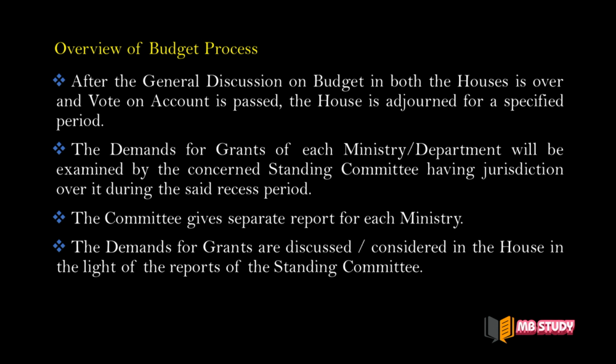After the general discussion on budget in both the houses is over, and vote on account is passed, the House is adjourned for a specified period. The demands for grants of each ministry and department will be examined by the concerned standing committee having jurisdiction over it, during the said recess period. The committee gives a separate report for each ministry.